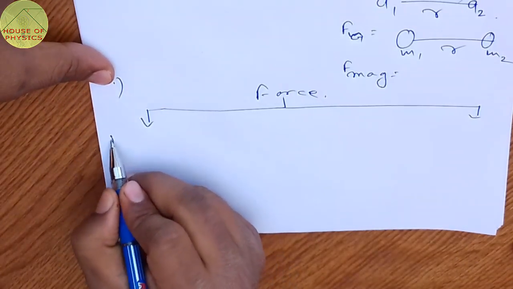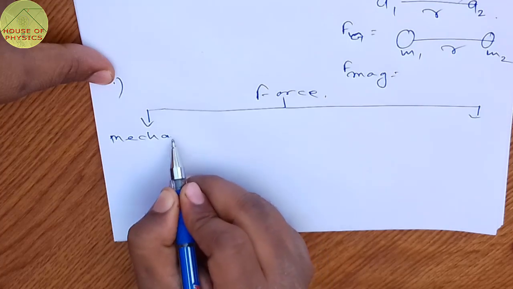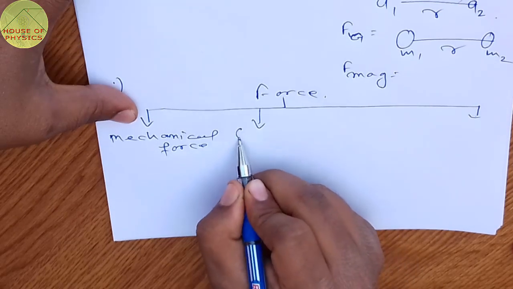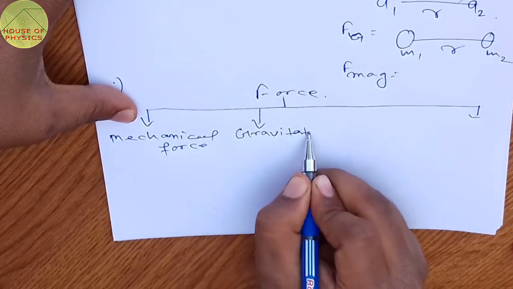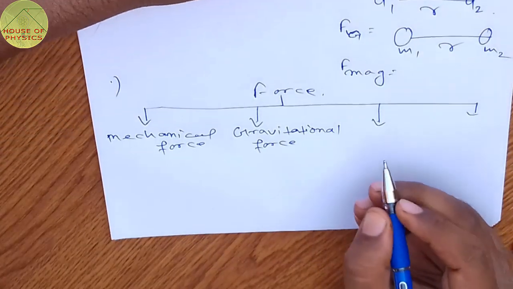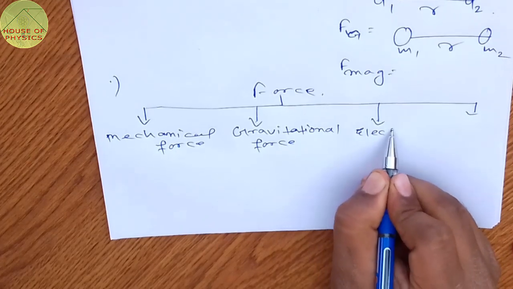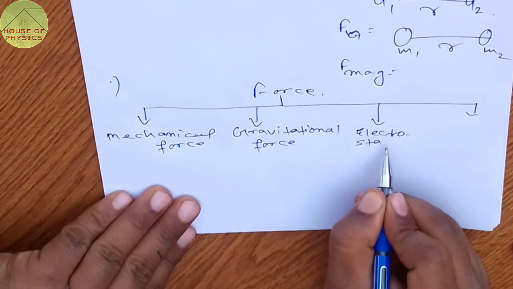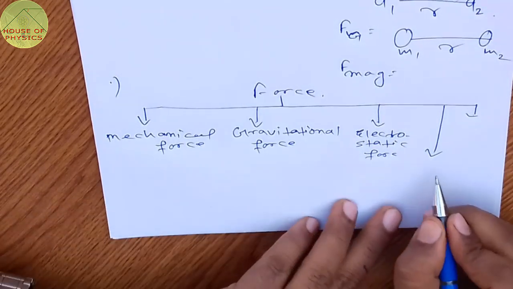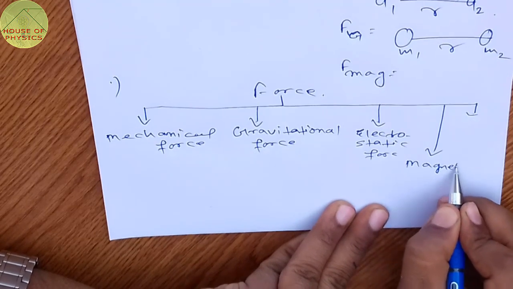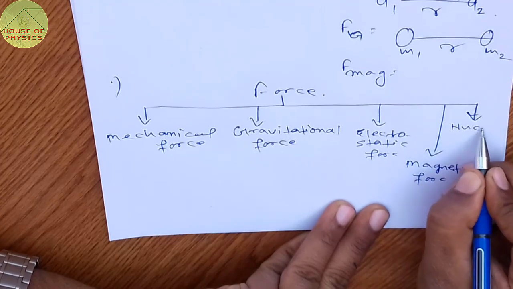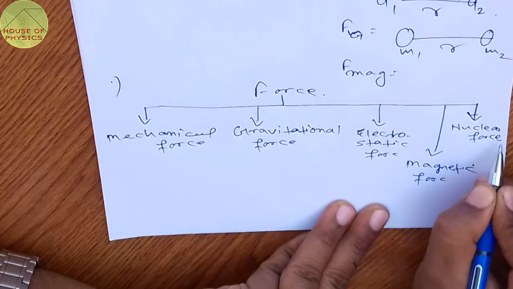The first one is mechanical force. Second, gravitational force. Third is electrostatic force. Fourth is magnetic force, and the last one is nuclear force.